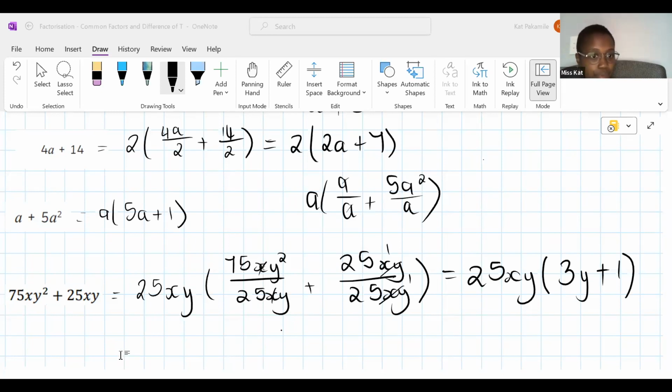Hello, ma'am. I just want to ask a quick question about a plus 5 a to the power of 2. Since a doesn't have a number, do we just put a in and then continue with the equation? Yes, ma'am. Do you see that's what we did?